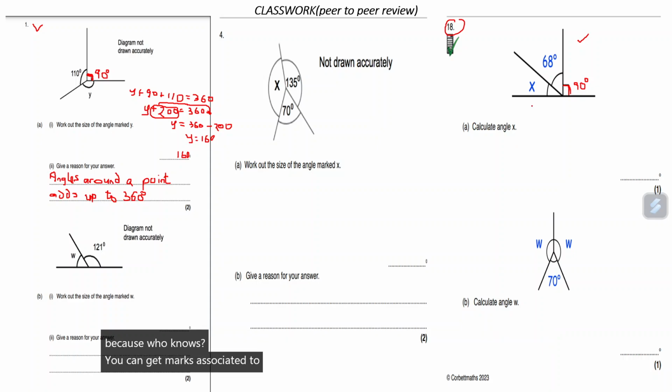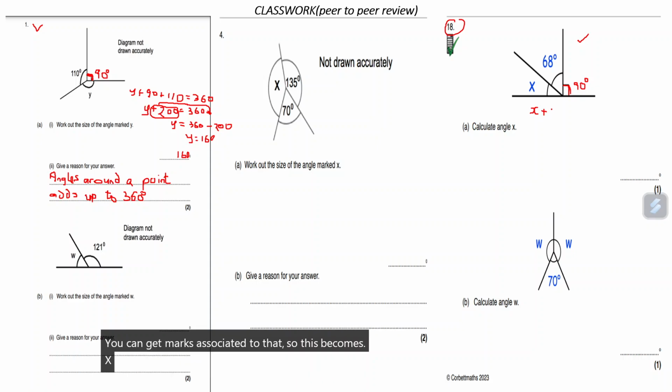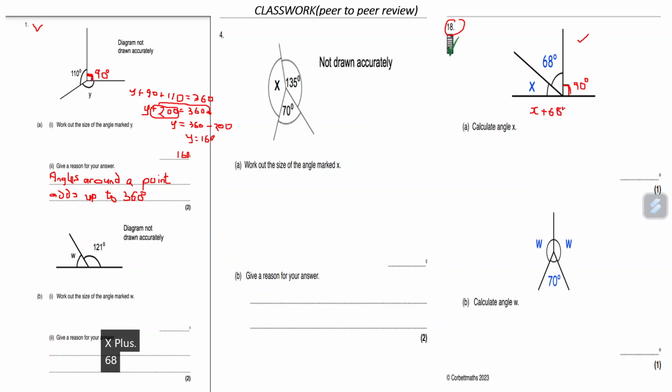So this becomes x plus 68 degrees plus 90 degrees is equal to 180 degrees.